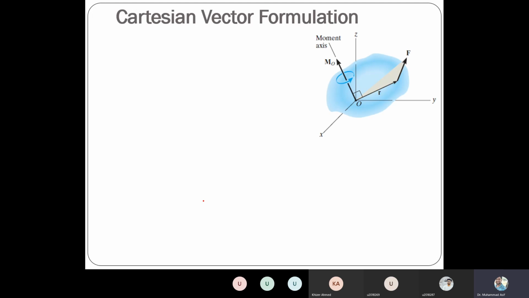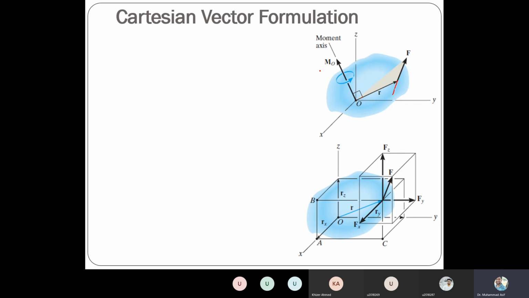So in Cartesian vector notation, let's try to generalize this. Let's say this is a force F, and this force can produce a moment about point O. This is a position vector which is on the line of action of this force. If you take the cross product r cross F, then you will get the value of the moment about O. In terms of graphical representation, this force has 3 components, one along the x-axis, one along the y-axis, and one along the z-axis.